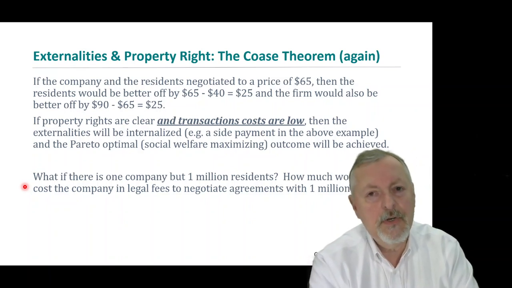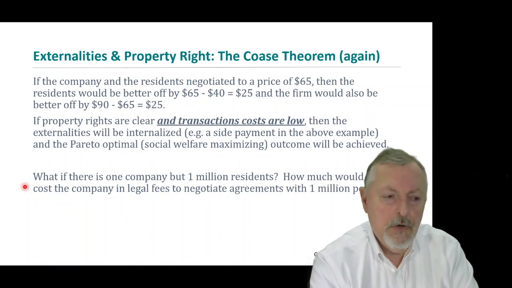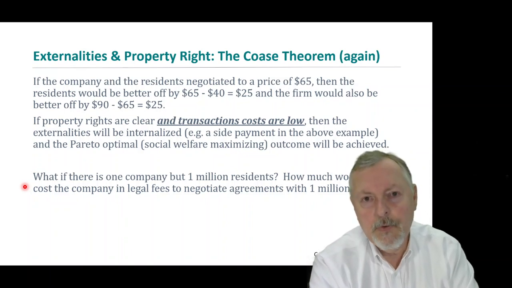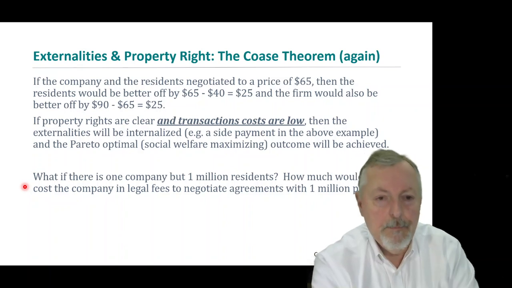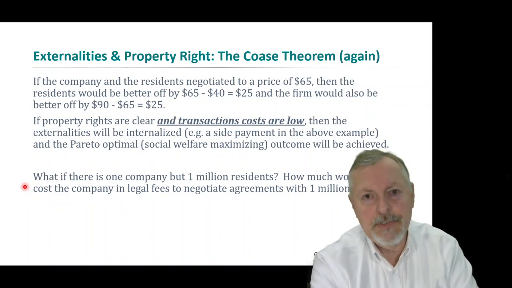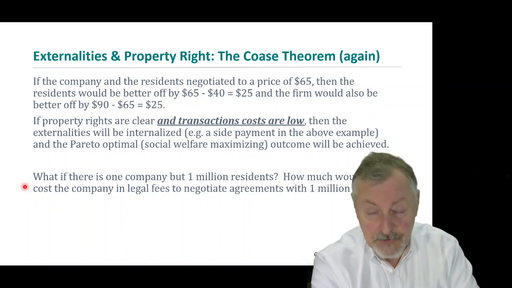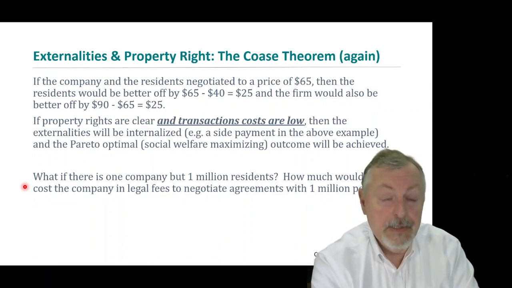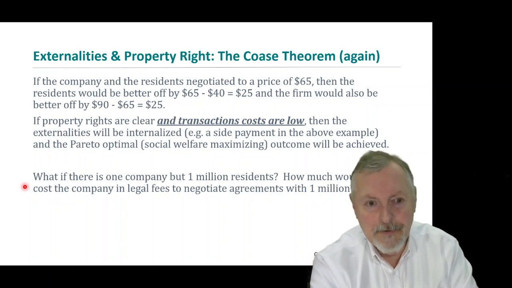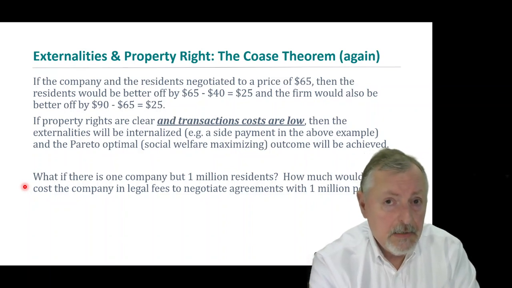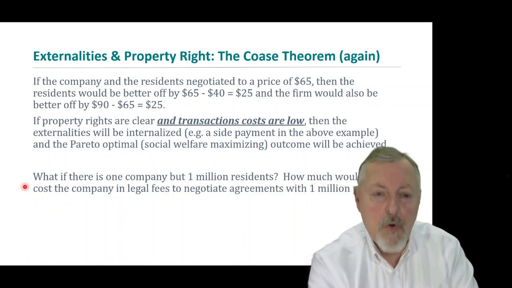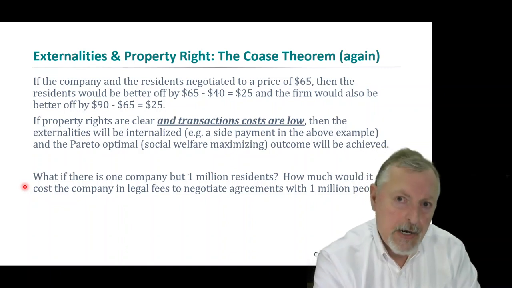Can you imagine how expensive it would be to negotiate that contract when you have one company, but a million people on the other side of the table? Can you imagine trying to get them all to agree? The legal fees would be astronomical. To get that trade done would cost more than the benefit of the trade.